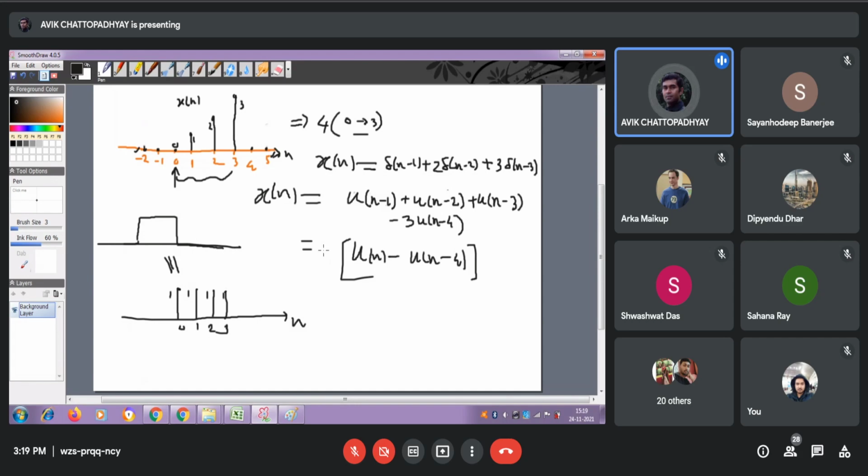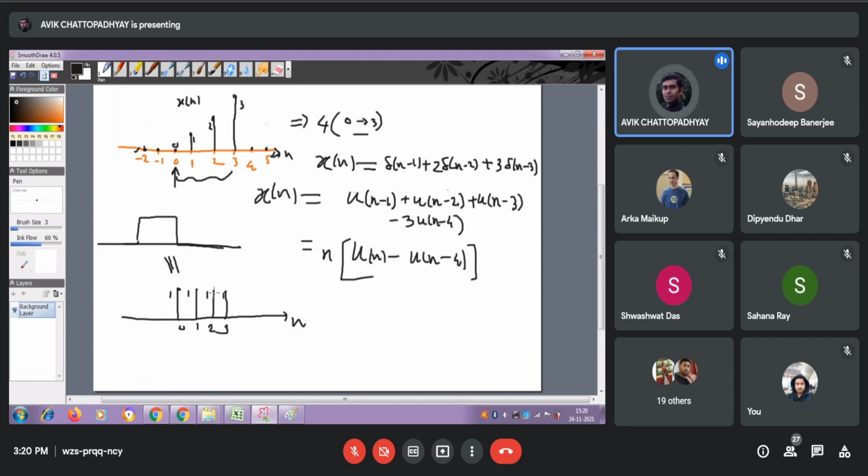Fine, this gate function. Now what you are doing? What we are trying to say is, we actually want to multiply it with the slope of the straight line, which is nothing but your n. So if you multiply by n, when n is 0, it is 0. When n is 1, it is 1. When 2, it is 2. 3, it is 3. That's all. So for n equals 0, it will become 0. For n equals 1, this will become 1.